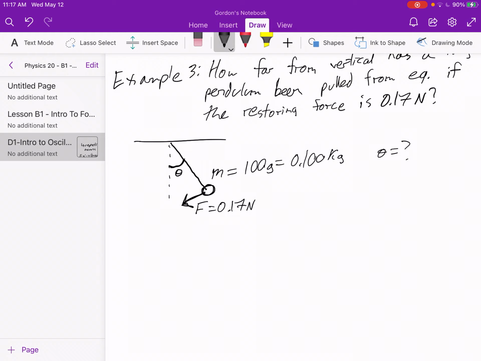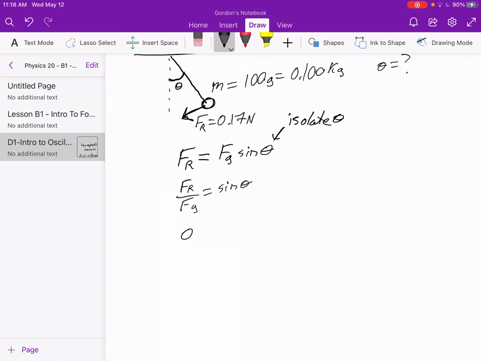So remember, we said our restoring force, which is this force here, was equal to the force of gravity multiplied by sine of theta. So really what we want to do is isolate for theta here. So we can do that. Restoring force divided by the force of gravity is equal to sine of the angle. So that means that the angle itself is going to be equal to the arc sine of the restoring force divided by the force of gravity.